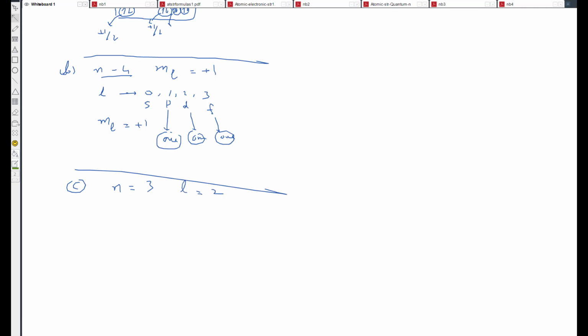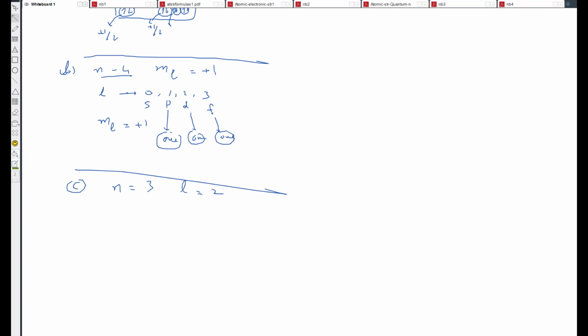Okay. So since n is equal to 3, they're already giving me an L value. We know that L could go from 0 to 2, so it'd be 0, 1, 2, which is S, P, and D orbitals.